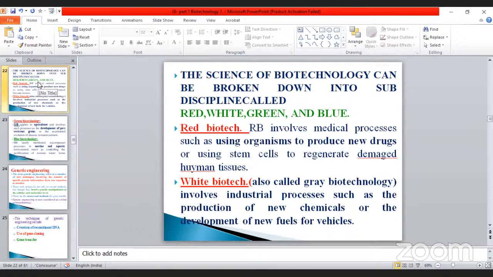One is called red biotechnology, then white biotechnology, green biotechnology, and the last is called blue biotechnology. Each one has specific applications. See them one by one, then only you may understand the concept. Why it is called red, white, green, and blue biotechnology.